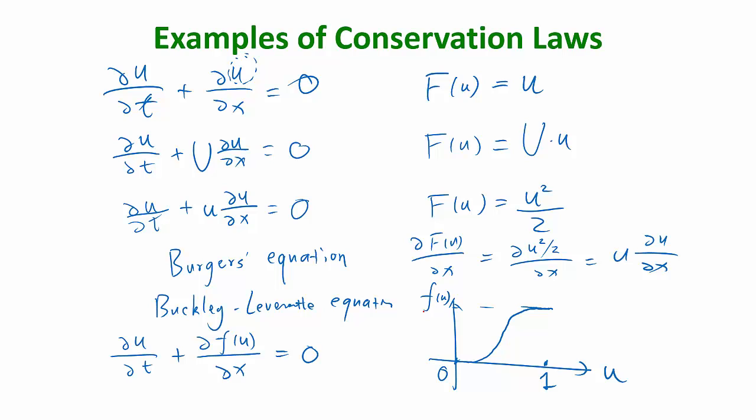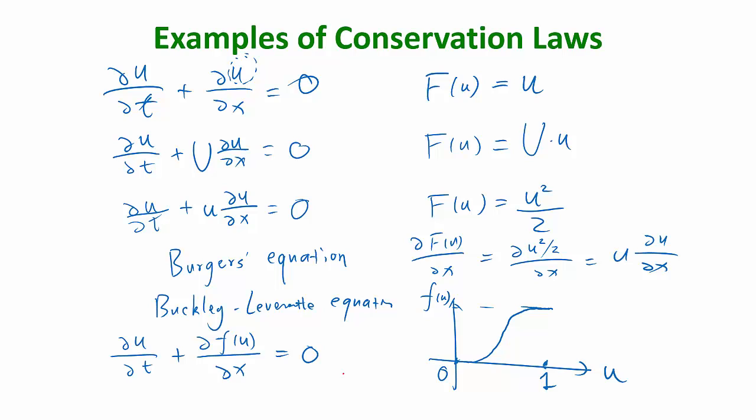This equation models the flow of oil and water in a porous media, and has been widely used in petroleum engineering. The u here lies between 0 and 1, and describes the fraction of water in the flow. The other fraction is oil. And f represents the flux of water. So when the fraction is 0, of course the flux is 0.